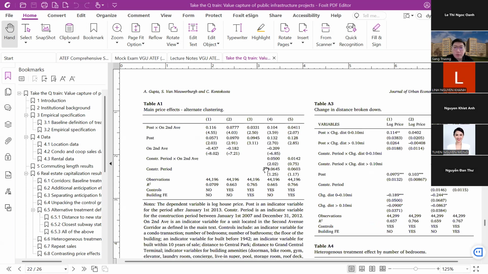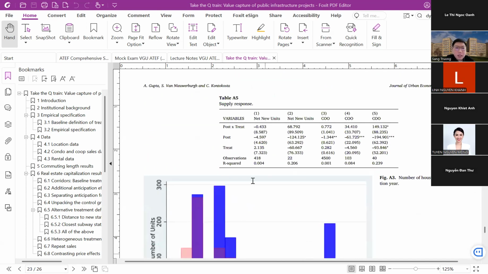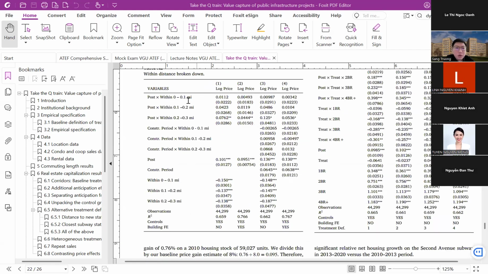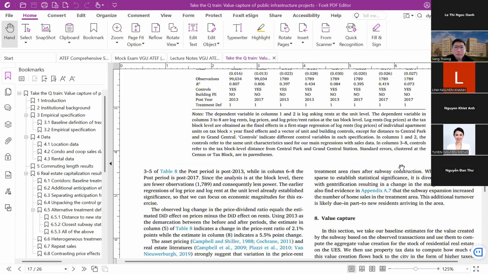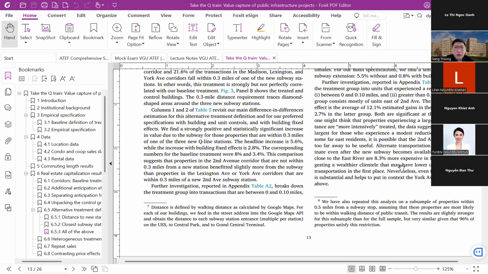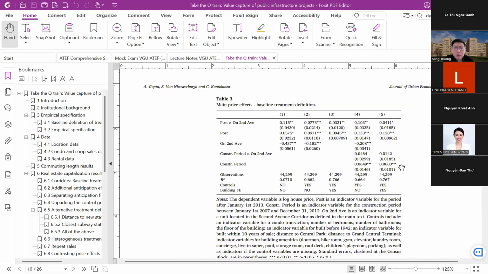We do not have one post, but we have a lot of variables. I think in this case they do not include that, but that's how we would do it. So in the regression, do they include treat times post here?